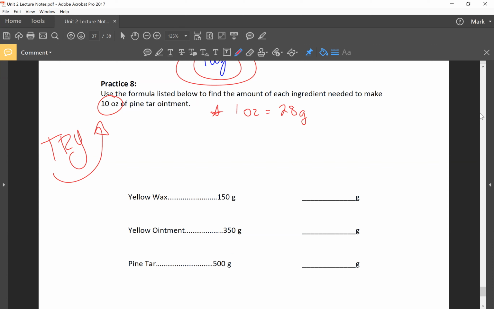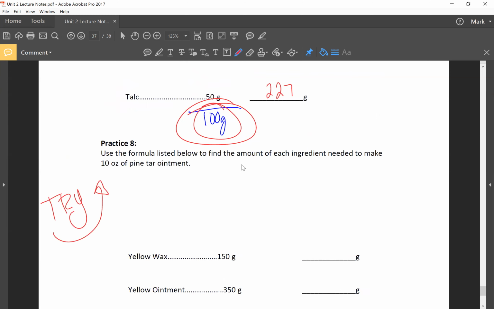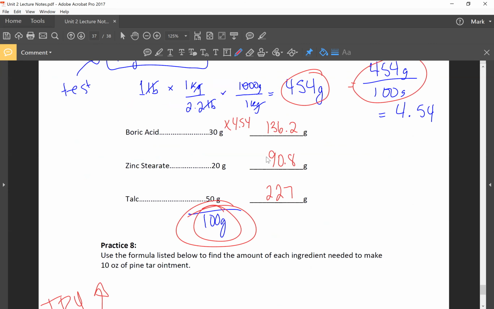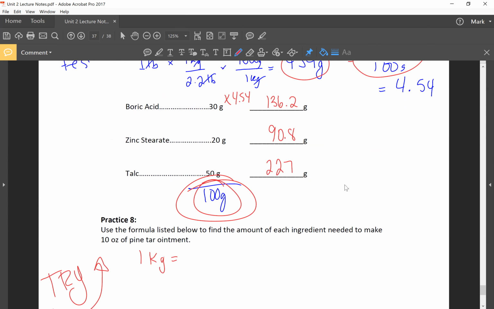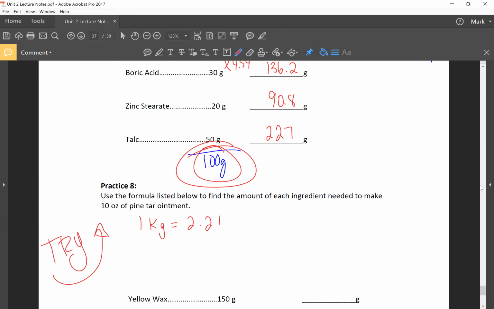I'll give you guys a couple of minutes to try this one. Just trying to think of how I would give this to you on a test. If you were given this on a test, to do this conversion you would know that 1 kilogram is equal to 2.2 pounds.